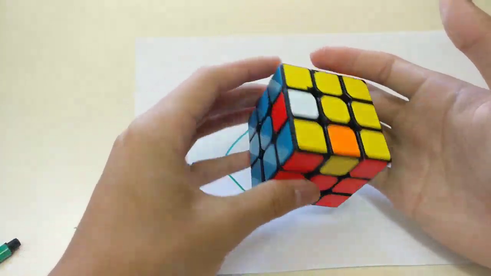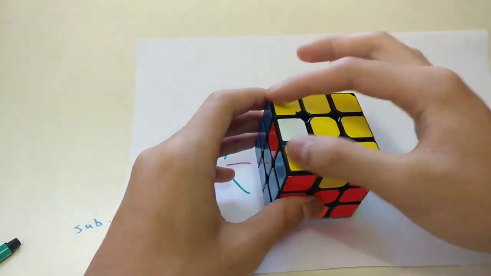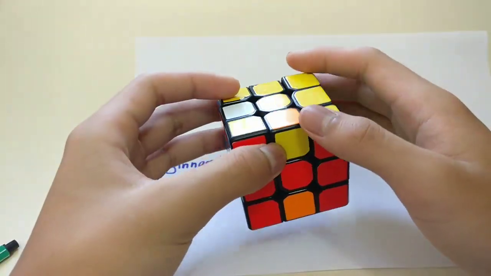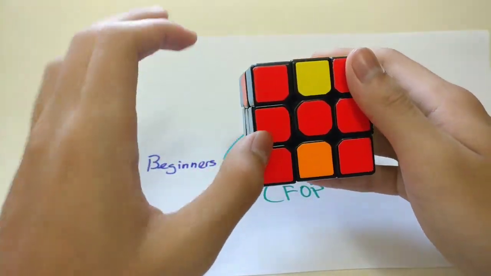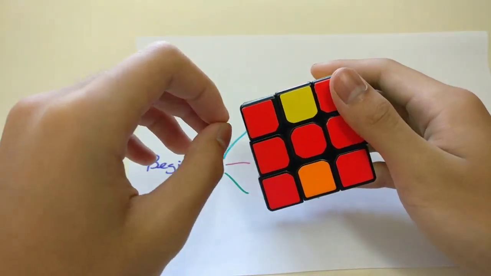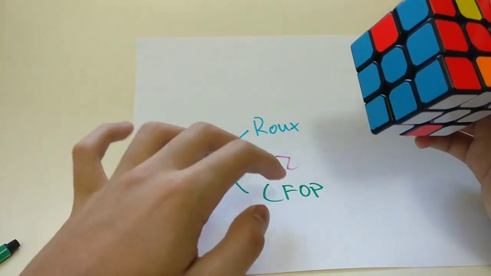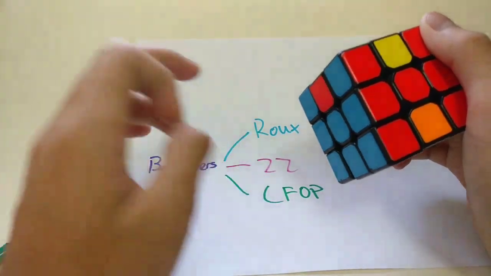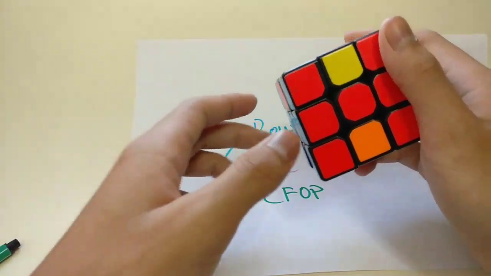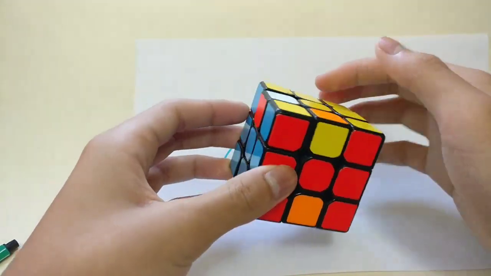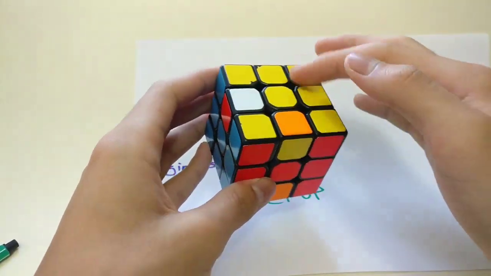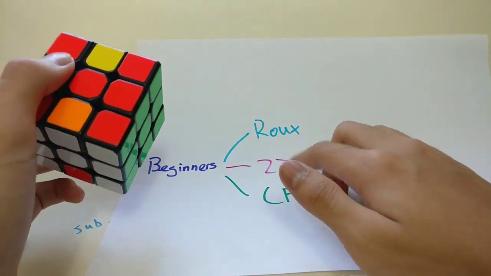I don't know full CMLL, which is doing all of these in one algorithm, a total of around 40 algorithms, which might sound like a lot, but it isn't compared to stuff like CFOP or ZBLL, which is a variation of ZZ. Then after you solve the corners and the two blocks, you finish with edge orientation, which is also a step in ZZ.